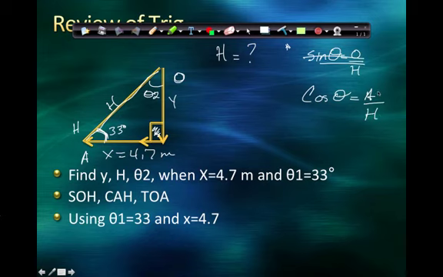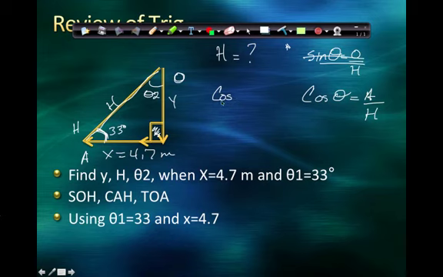So I have theta. I have the adjacent side because x is the adjacent side. And I'm looking for the hypotenuse. So I'm going to use cosine of theta. I'm going to plug it into my equation. Cosine of theta. Theta is always going to be an angle, so please do not put the sides of the triangle in the cosine, sine, or tangent functions.